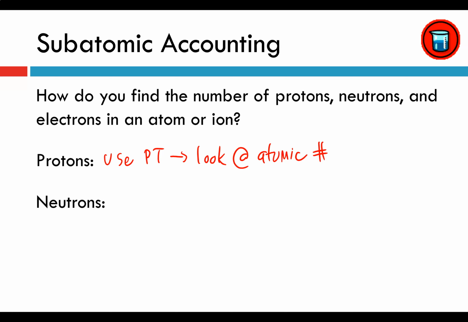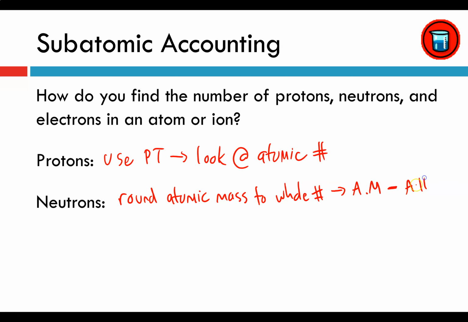Neutrons, things are a little bit trickier. Round the atomic mass to the nearest whole number. And we can take atomic mass and subtract atomic number. Hopefully my shorthand notation makes sense.